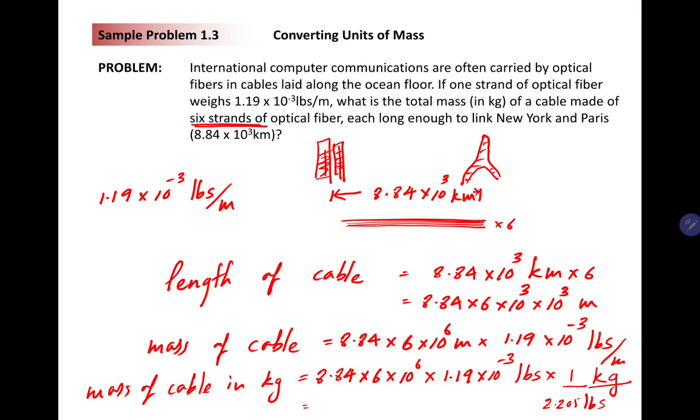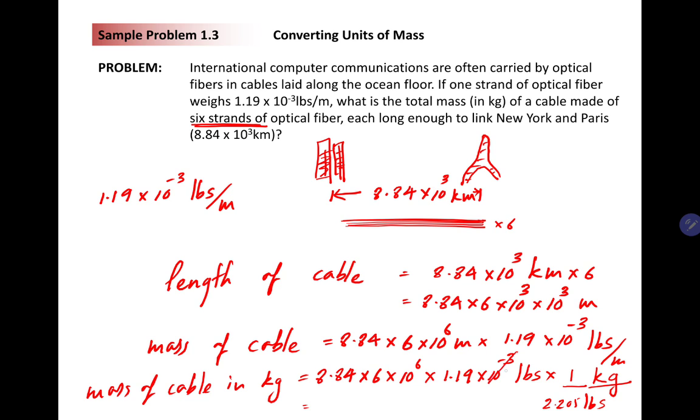I don't have a calculator, so let me try to use my phone. By the way, if you're using a phone, you can tilt your phone horizontally, and it will give you a scientific calculator, which is very useful for these type of calculations.